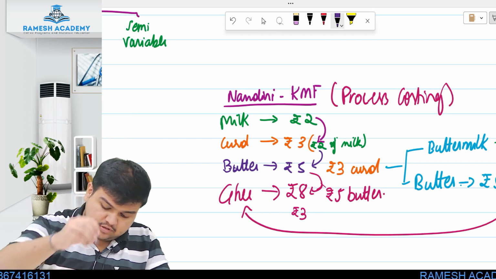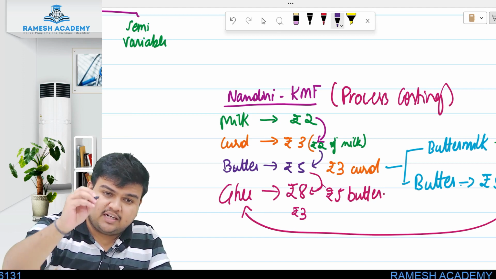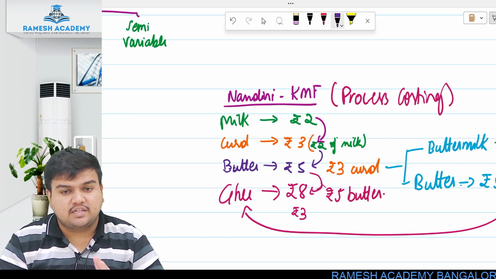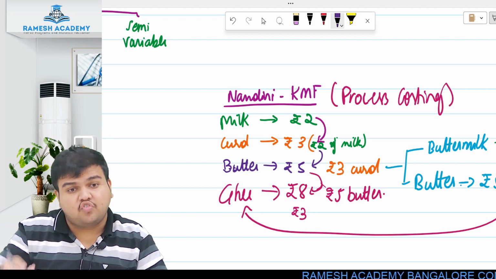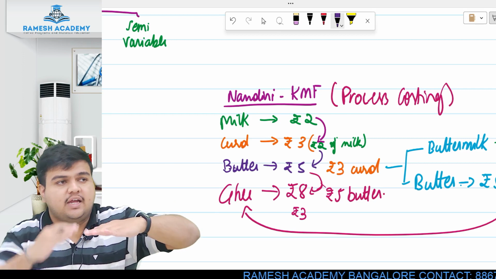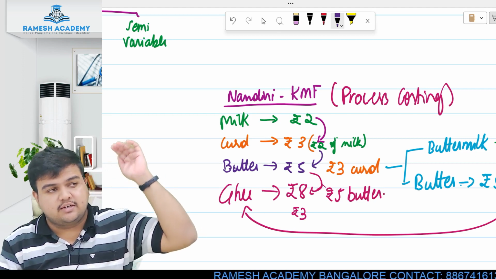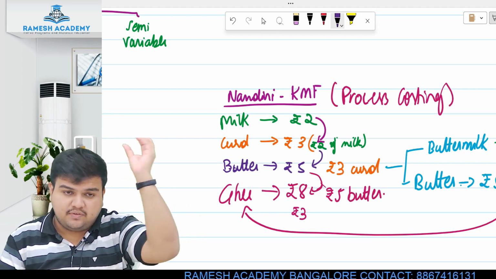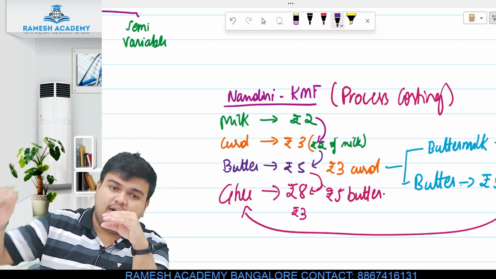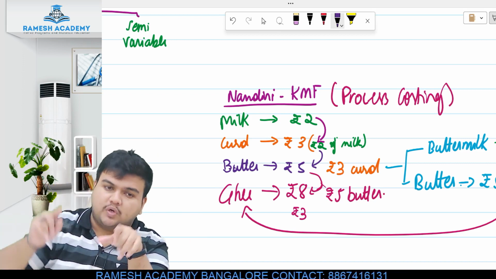Now the curd department transfers it to the butter department. So the cost of butter is 5, but it includes the cost of curd of rupees 3. At each level of process, it adds cost: you acquire the material from the previous department, and you add certain processing to make it a new product.